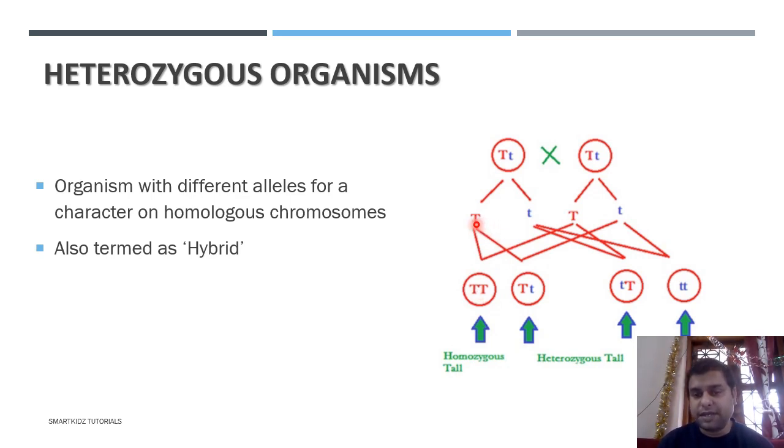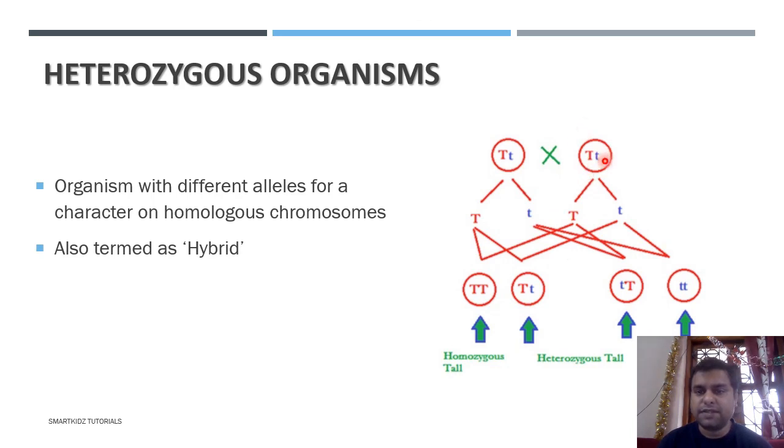If the capital T from this plant combines with a small t of this plant, then also we'll get a dominant characteristic, that is the tall plant. However, in this case it is heterozygous tall, but when we see it from outside at the macroscopic level, which we can see with the naked eye, then we will find no difference between these plants, because both will be tall.